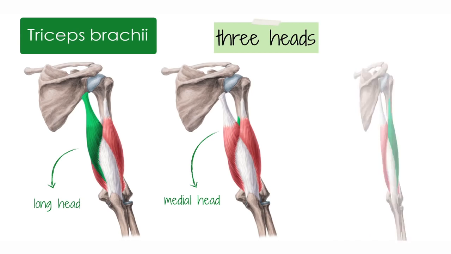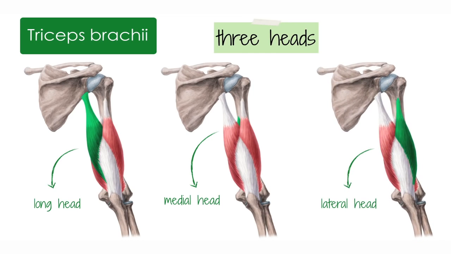Now, the third head is seen here and, of course, found more laterally, and we call it the lateral head of the triceps brachii. It is originating right about here on the posterior surface of the humerus as well, but this time proximal to the radial groove. This head is also attaching to or originating from the lateral intermuscular septum.